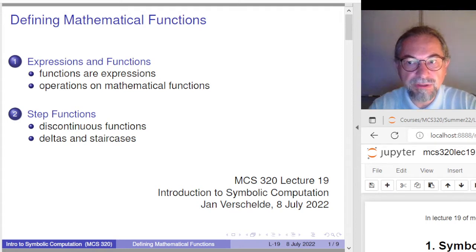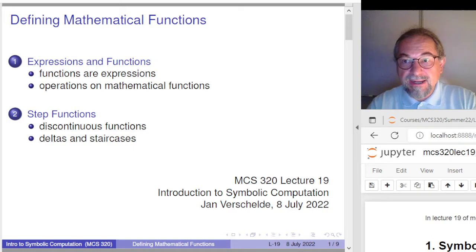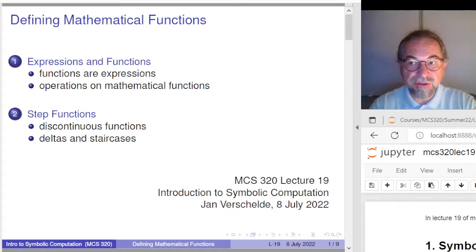We will look into the definition of mathematical functions, and we will recall the concept of symbolic evaluation. We have actually already treated expressions as functions, and functions in symbolic computation are nearly as indistinguishable from expressions.